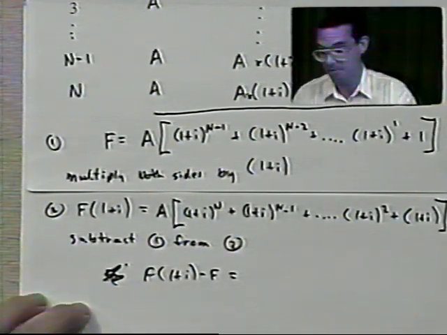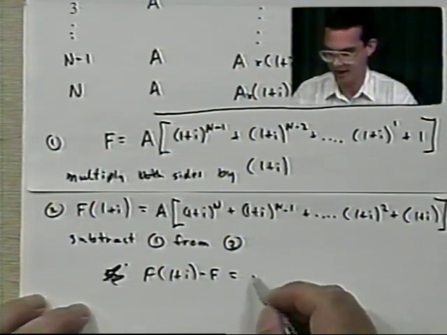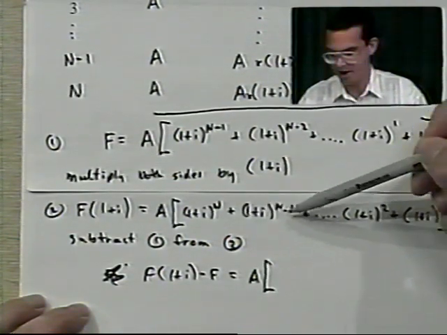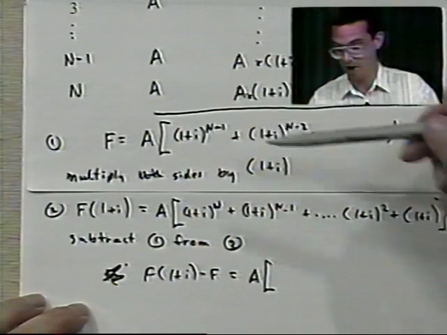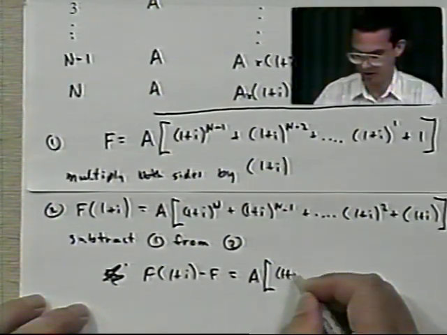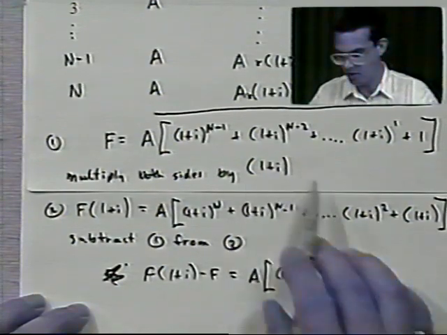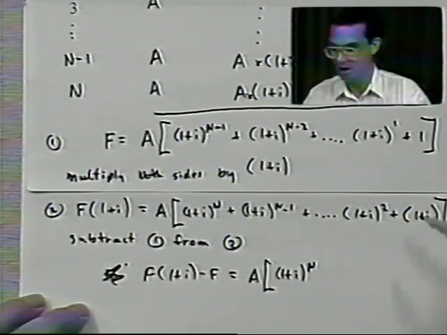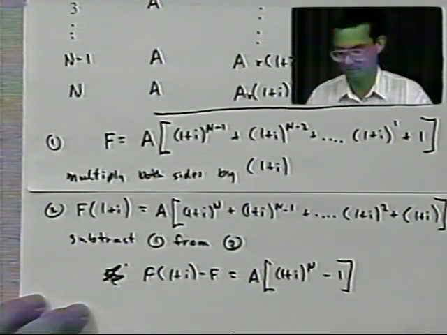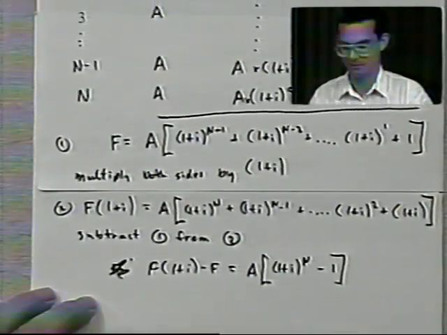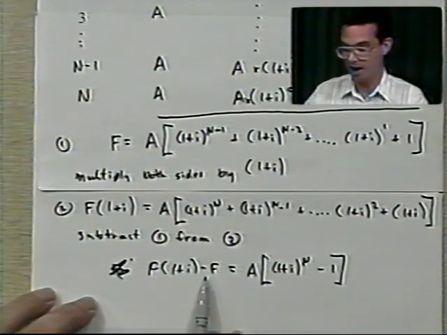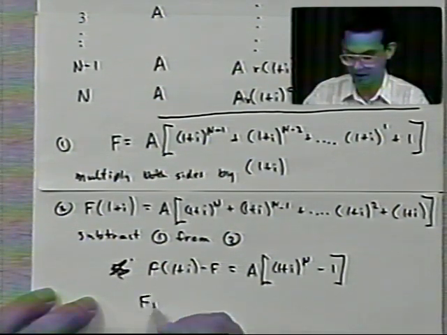And on the right, I get the a, but the (1 plus i) to the n minus 1 subtracts out. So we get (1 plus i) to the n, and all the subsequent terms cancel, except the very last one over here, which becomes a minus 1. Now also, f times (1 plus i) minus f becomes f i.